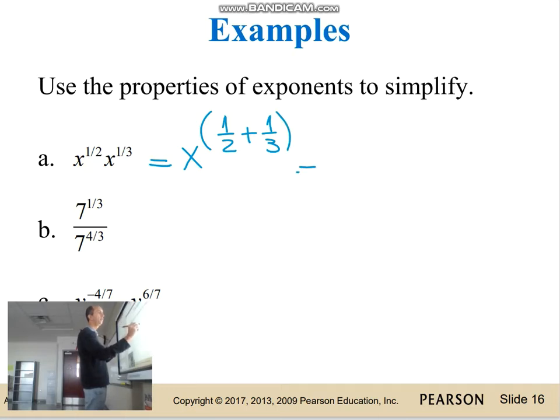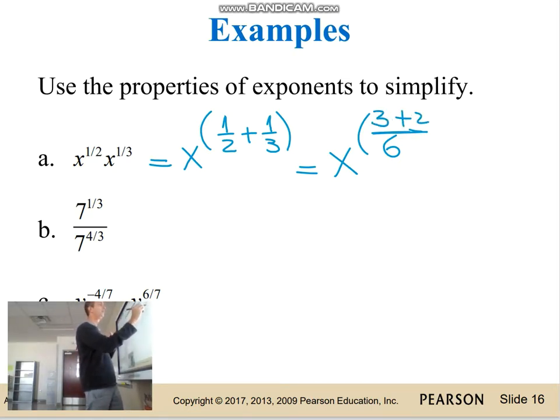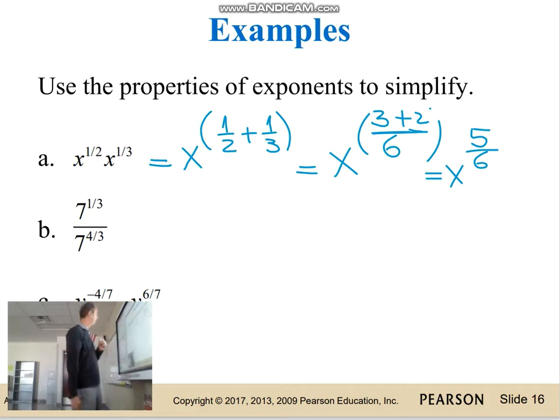And how do we add fractions? We need to find the least common denominator. It's going to be 6, and then the first numerator is 3. The second numerator is 2. This is equal to x exponent 5 over 6.